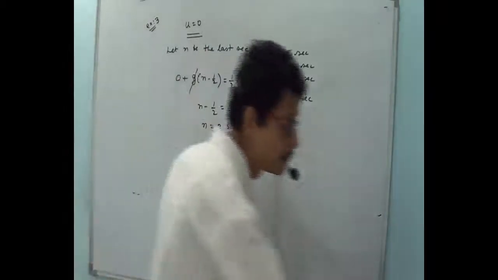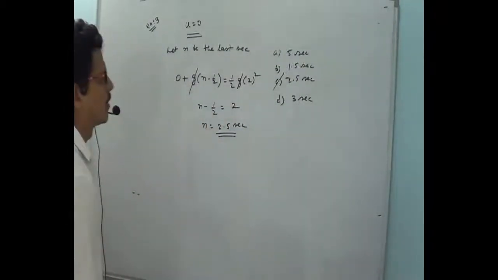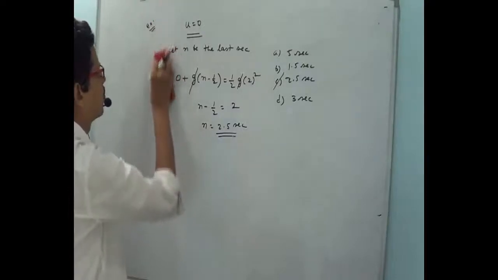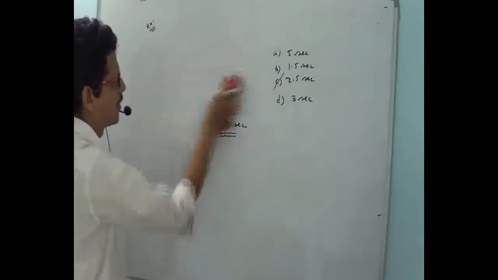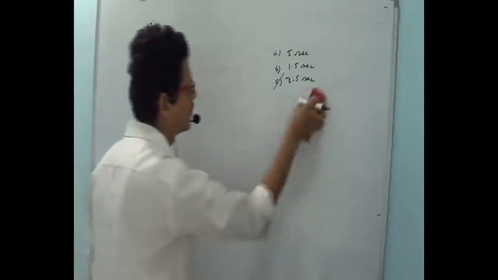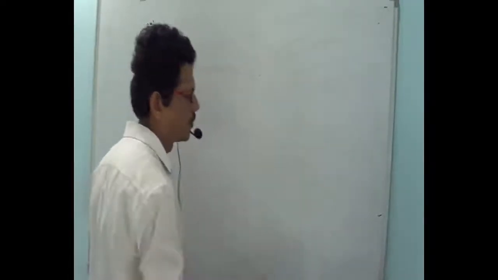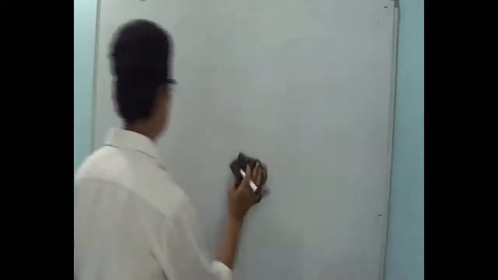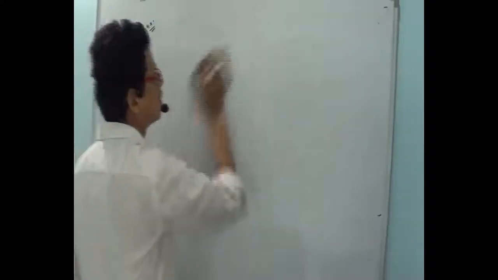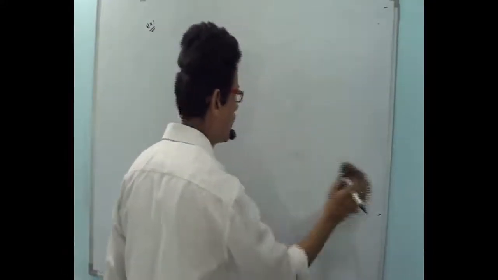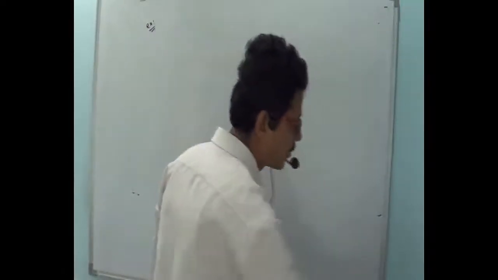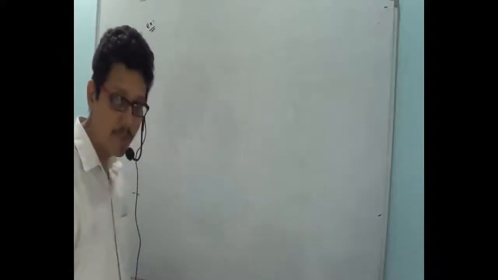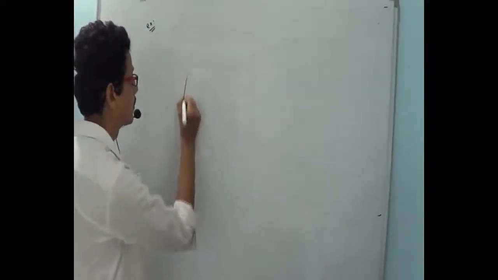I'm erasing this. Example 4. I think this is easy only, huh? Okay. From an elevated point P, a stone is projected vertically upwards.